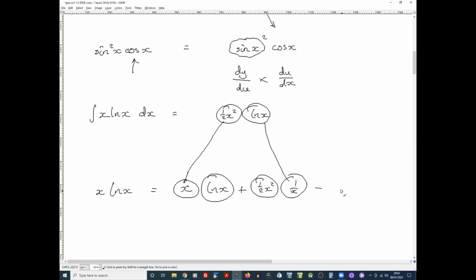It is x squared over 2x, which simplifies to x over 2. Yeah, perfect, which is easy.